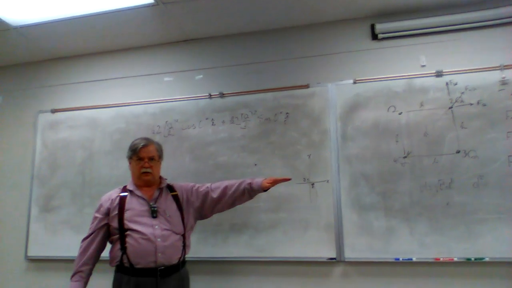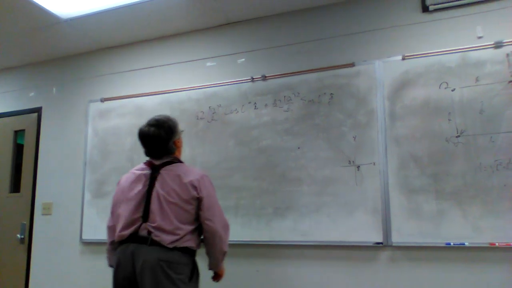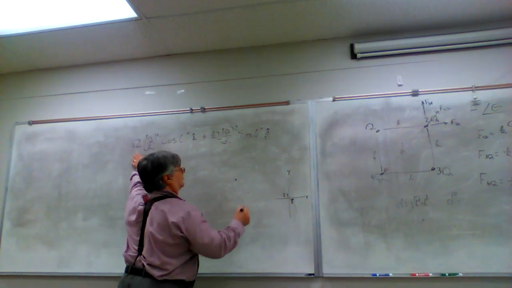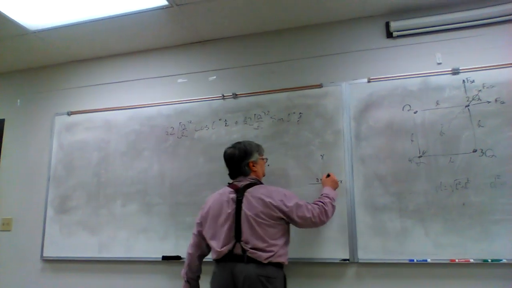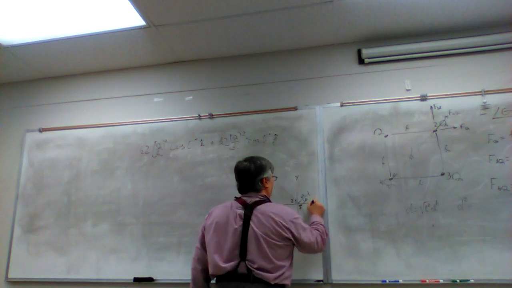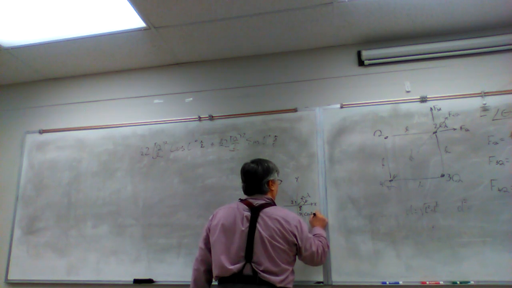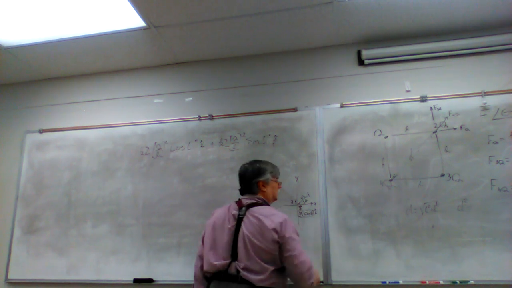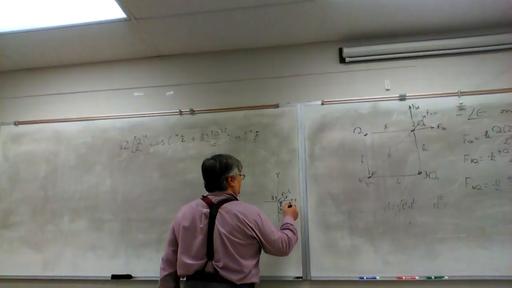I is the horizontal unit vector. J is the vertical unit vector. So the components of this vector are the magnitude of the vector times the cosine of the angle. If it's at some arbitrary angle theta, it has this magnitude, then its x component is m cosine theta, that magnitude times I, scaling the unit vector.